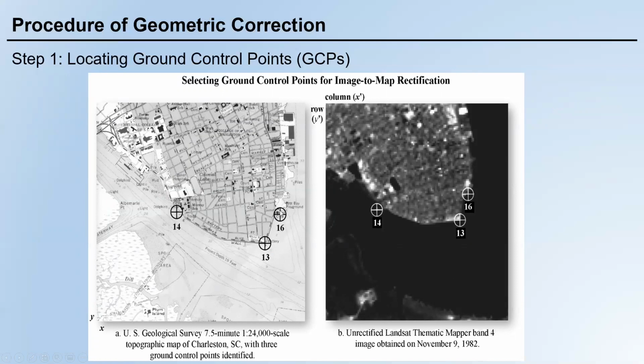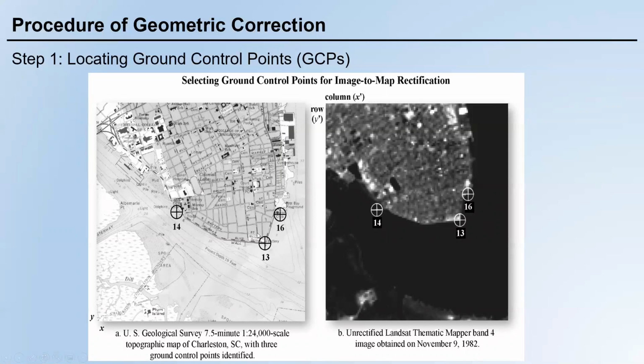So if you have prior knowledge of this area, say you are living there or you're very familiar with this area, it's not possible for you to select them wrong. And actually, even if you are not very familiar with this area, the shape of the harbor here is very special in your reference map, and it can be easily identified here and here.